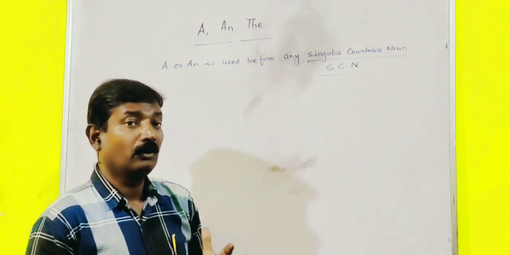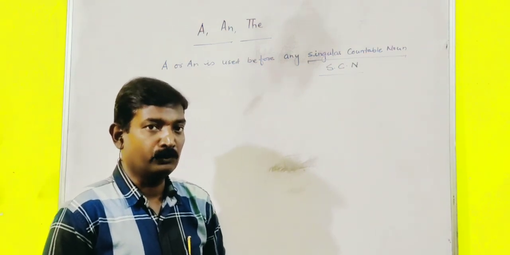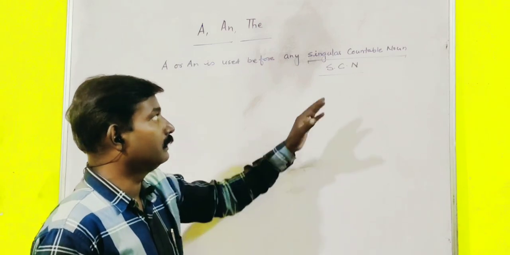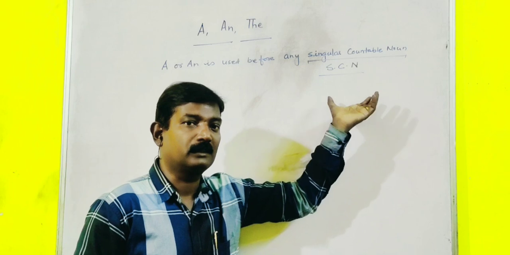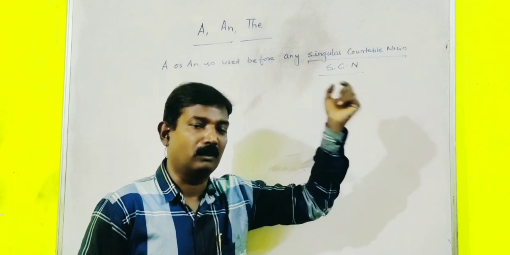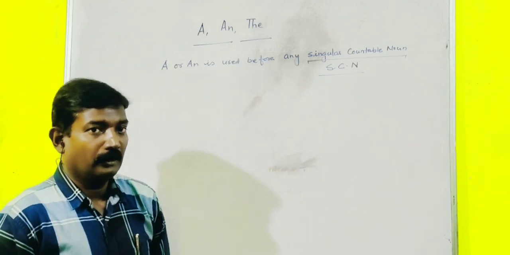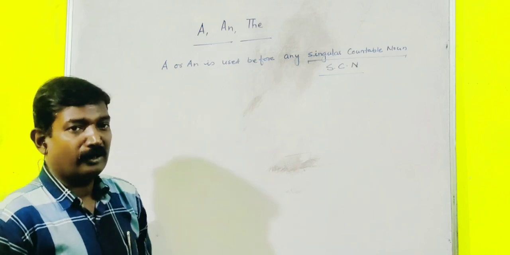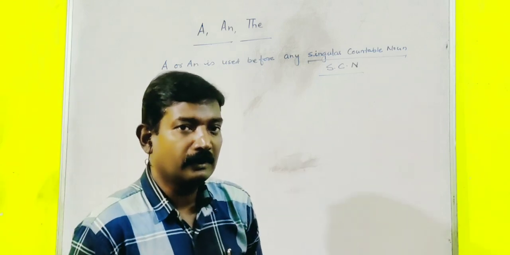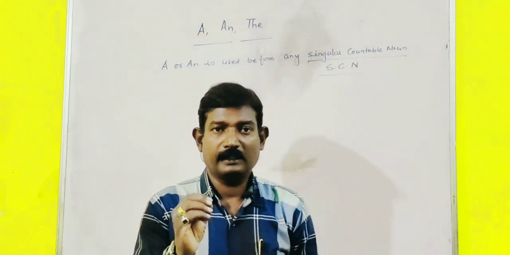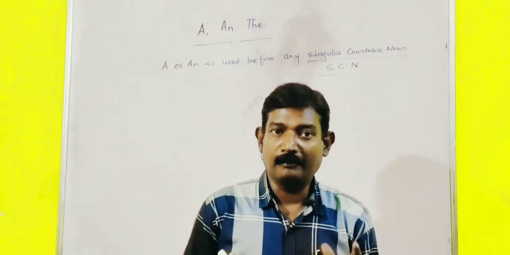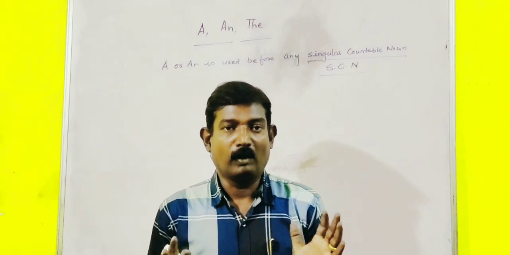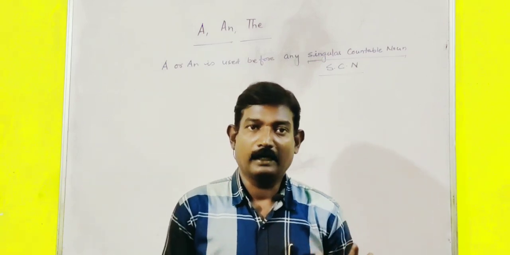Okay, so a or an can be used before any singular countable noun. I have written SCN, that is the short form of singular countable noun. Now the first point: you have to remember all together 6 points. If you remember these 6 points, you will never commit mistakes while using a or an.